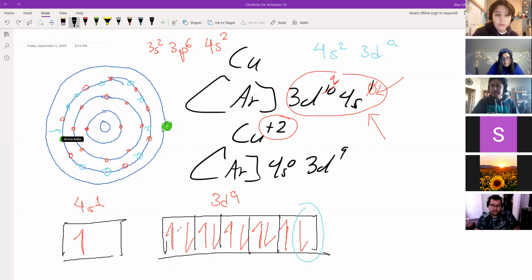We have a full third shell. We only have one electron on the outside, which we can just pluck out when we turn this into ions, right?